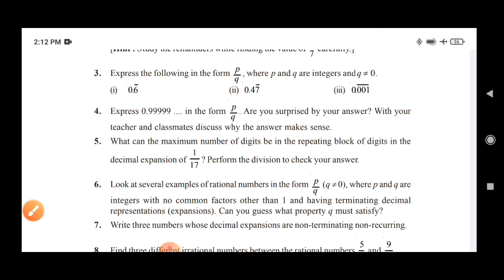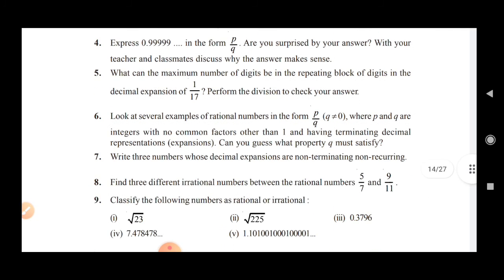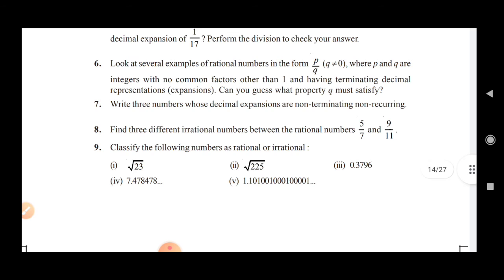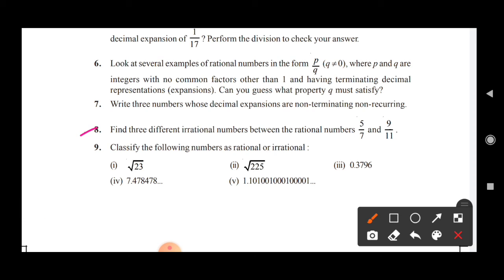Now number 5, I think it is not so important. So you can see in number 8, find 3 different irrational numbers between the rational numbers 5 by 7 and 9 by 11.